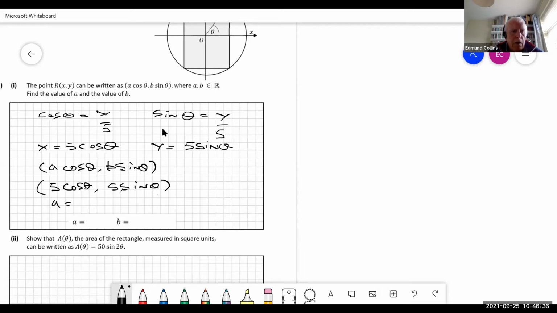So in this case, a equals 5 and b also equals 5. Now that might throw you a bit, because when you're doing that question, you might think that they're going to be different, but in fact they aren't. So a equals 5 and b equals 5. So very simple question in a way, but once you know your SOHCAHTOA and you're familiar with the terminology, it's quite an easy question to do.